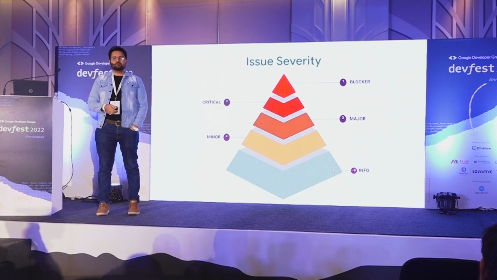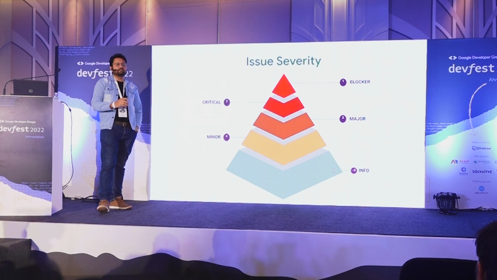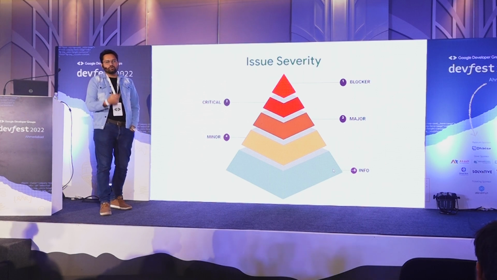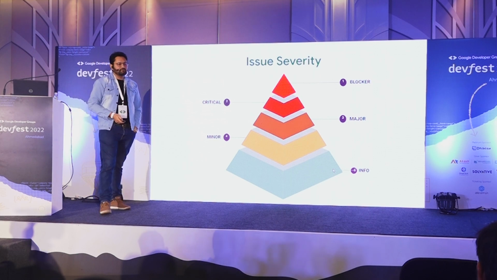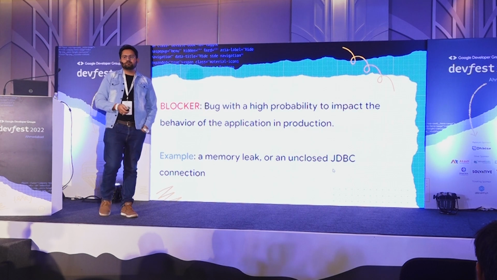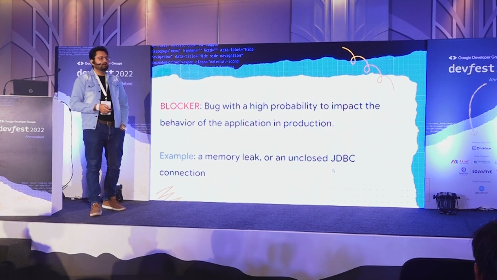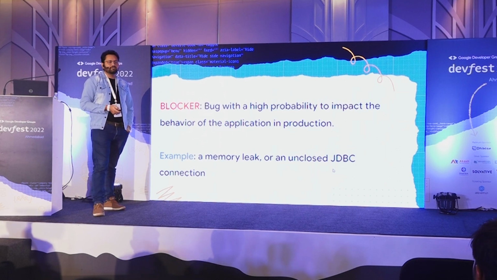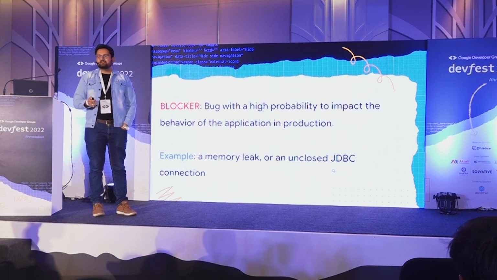Info is nothing but some information about something that may later become a blocker, critical, or something else. Let's understand them one by one. A blocker is a pure bug with a high chance of impacting the behavior of the application, which will be very harsh for you. An example is a memory leak.